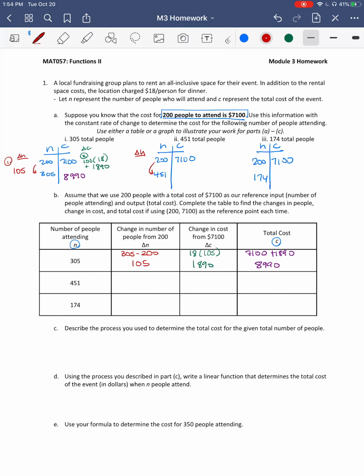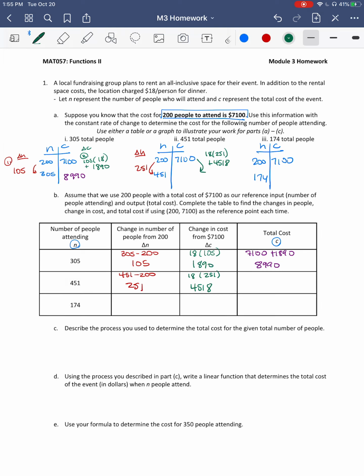So 451 minus 200 is 251. So 251 more people are coming. The question is, how much is that going to cost me? Well, it's $18 per person times 251 people, which is going to increase my cost by $4,518.